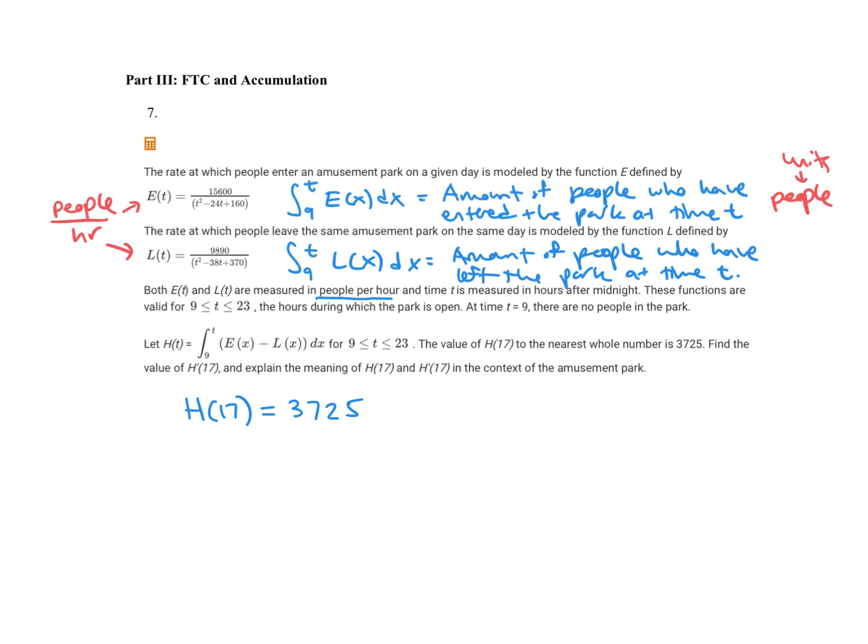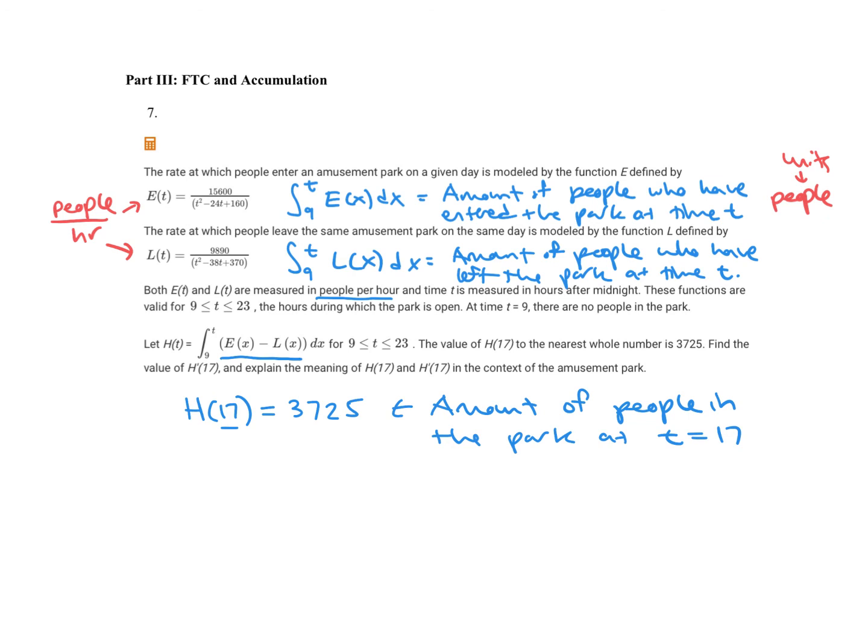The meaning is, since h of t is the integral from 9 to t of E of x minus L of x, well, that's going to be the amount of people who have entered minus the amount of people who have left, which is going to be the amount of people in the park at time t equals, in this case, 17. Which of course is 5 p.m.